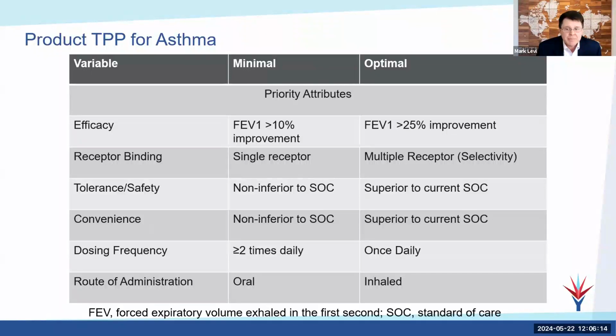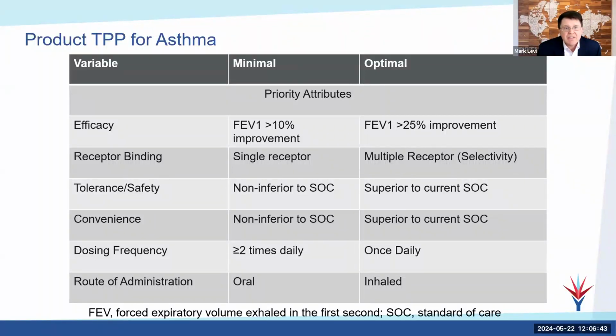That's the minimum that would get you towards an approval. An optimal improvement is greater than 25%. As for receptor binding, the minimal you would want is a single receptor. Optimally, you would want multiple receptors, but for that you would have to determine receptor selectivity.